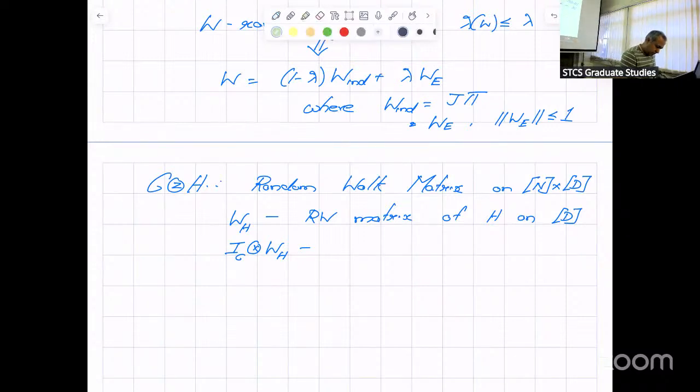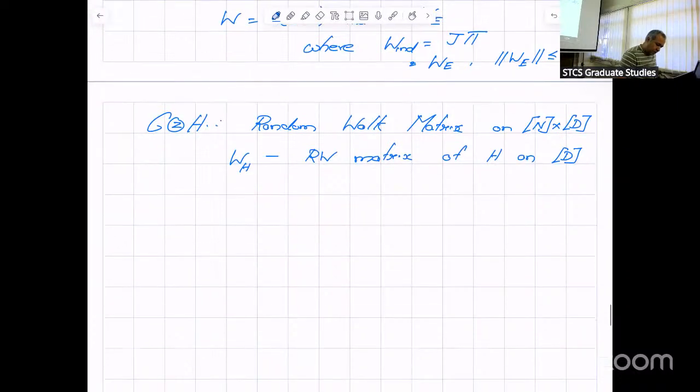I want to claim the following. What did I do? There are 3 steps in the random walk. The first step is I tensor W H: you take a step within a cloud.